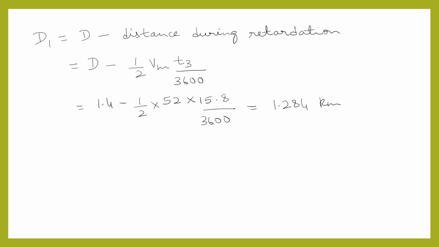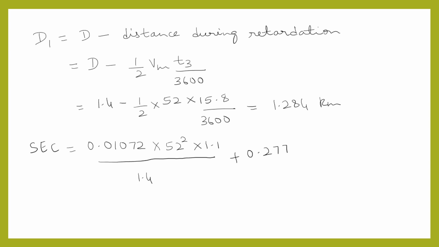So next, the specific energy consumption is equal to 0.01072 into 52 square into 1.1 by 1.4 plus 0.2778 into 50 into 1.284 by 1.4.